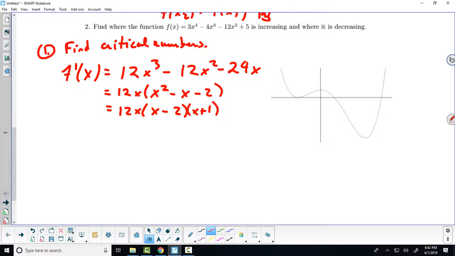Folks, if you're rusty on factoring, well, unrustify yourself. Do some practicing, because factoring is going to show up pretty heavily in at least the first two sections of this unit. Okay? And it would be a real bummer to know the calculus and to get stuck on the factoring.